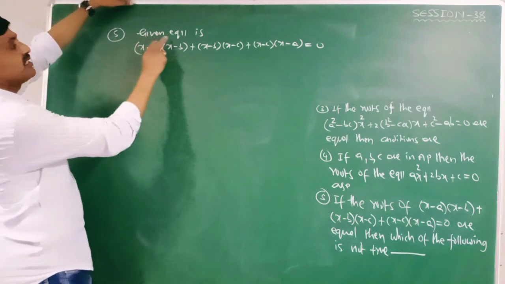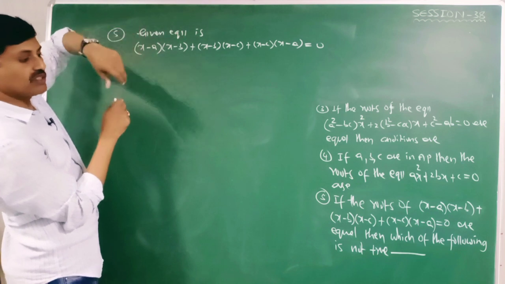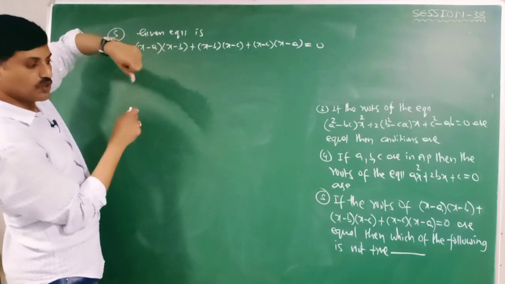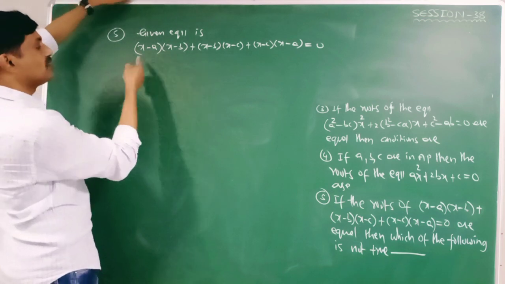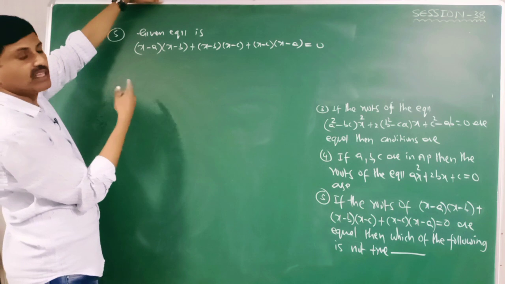Okay, the given equation has equal roots. What is the meaning of equal roots? So delta is equal to 0. First we have to simplify, as it is not in the form of a standard quadratic equation.